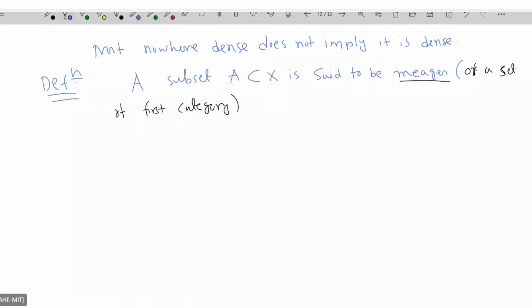If A can be written as a countable union of sets A_n, where each A_n is a nowhere dense set.